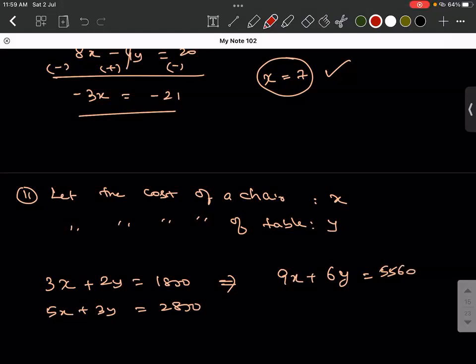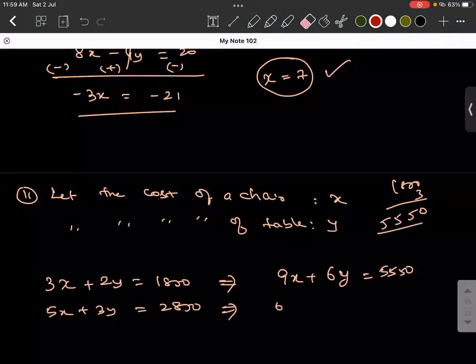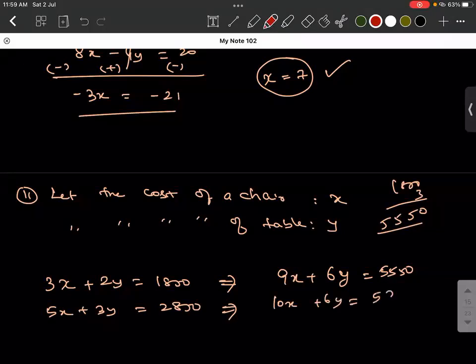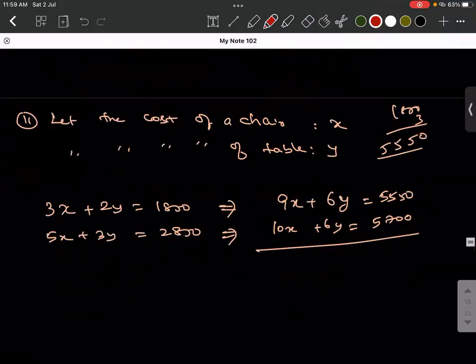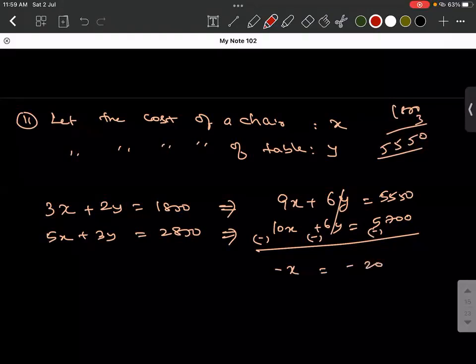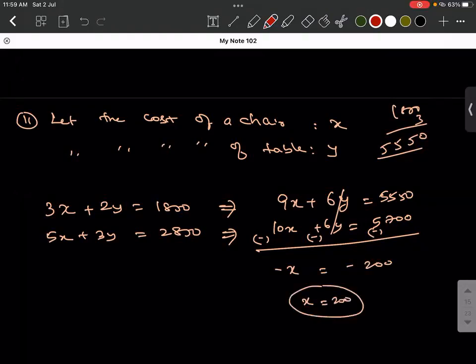Is that what everyone is getting? Subtract both now. So the cost of each chair is 200.